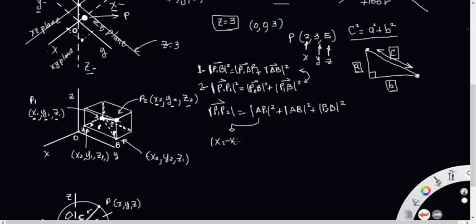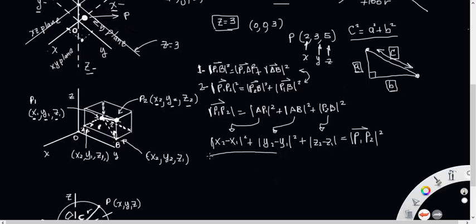This is equal to x2 minus x1 squared, plus this over here is y2 minus y1 squared, plus this, the third one, is z2 minus z1 squared. And that equals P1P2 squared.